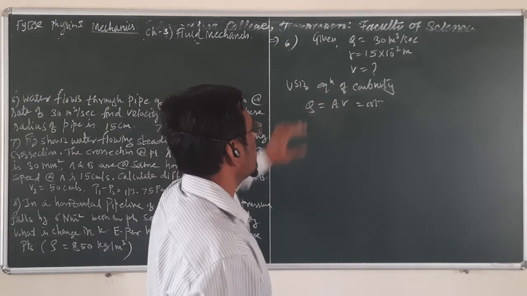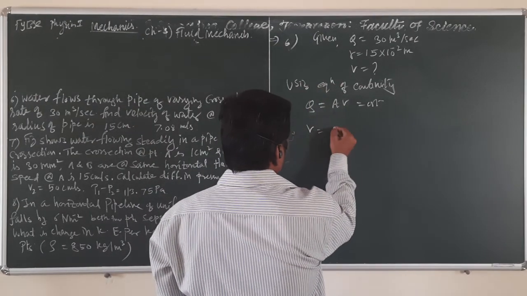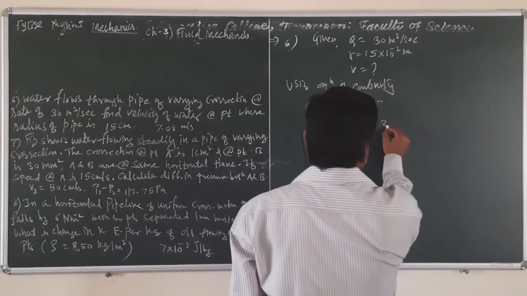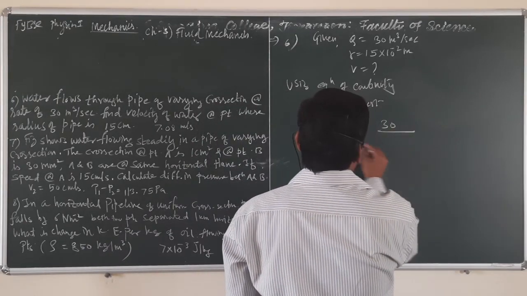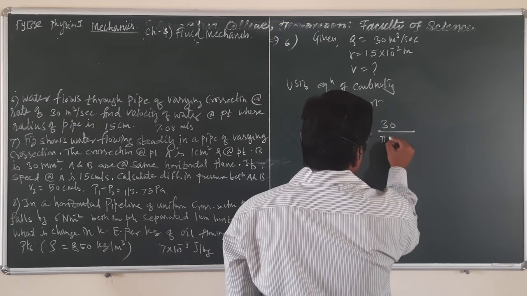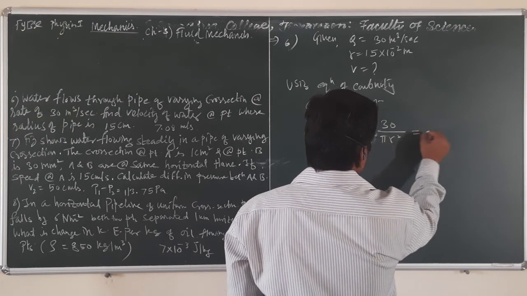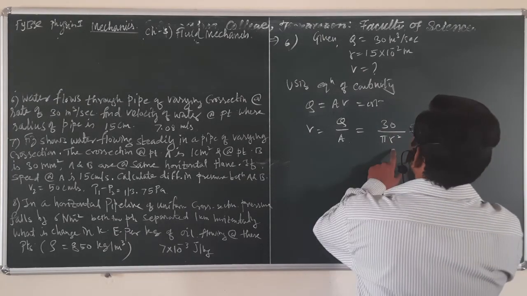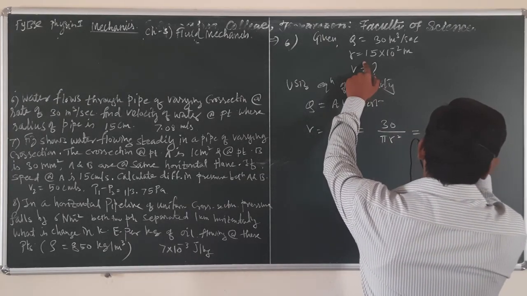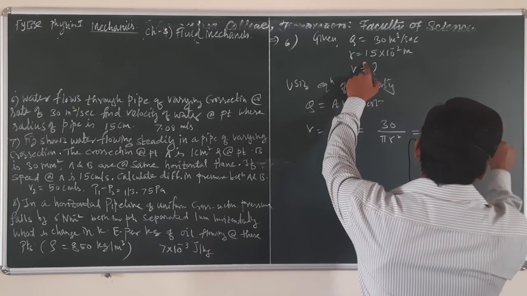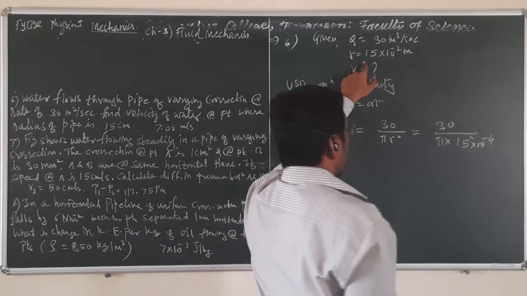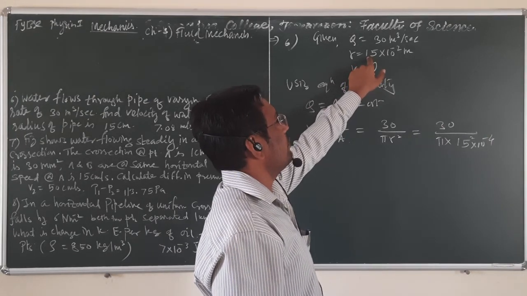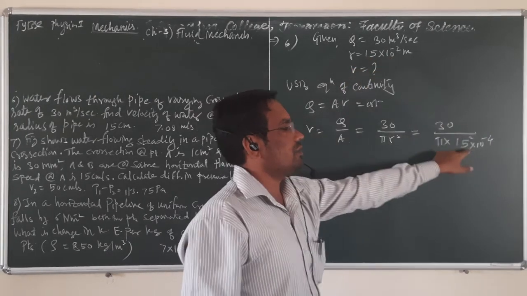So from this equation we can calculate velocity V is equal to Q upon A, and that is equal to Q, which is 30, divided by the area, which is pi r square. So using the given values in MKS unit, pi into radius 15 into 15 square into 10 raised to minus 4. So you have to take the square of this, pi r square.